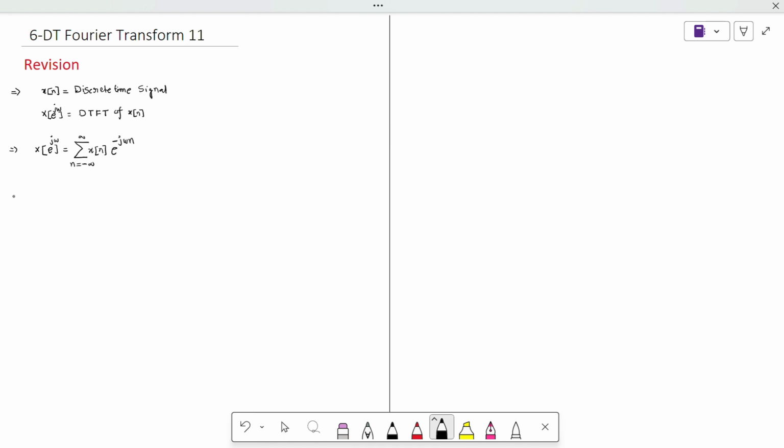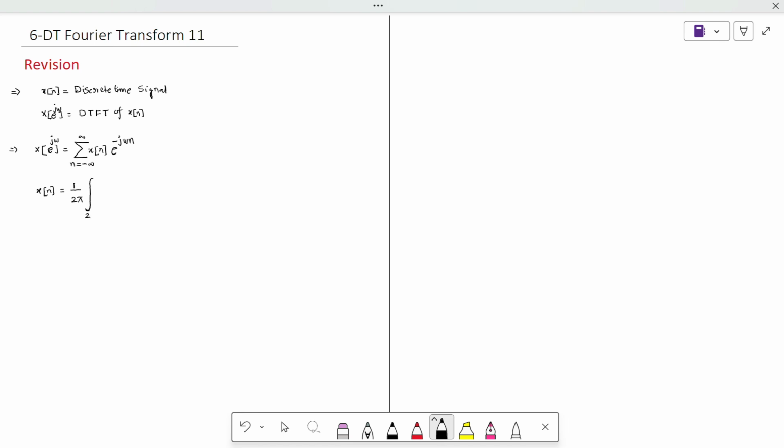That's it. Then the inverse Fourier transform, that is x of n, its formula we already discussed in the previous classes. That is equal to 1 by 2 pi integration.